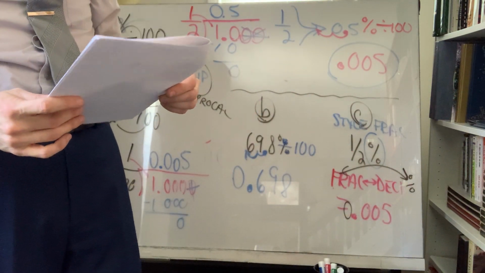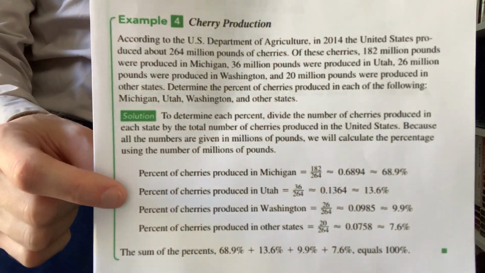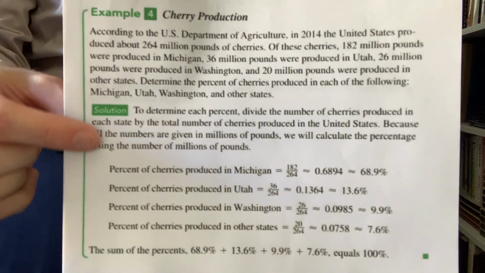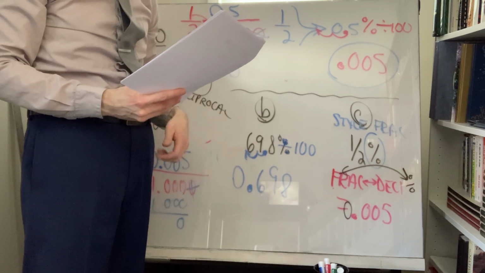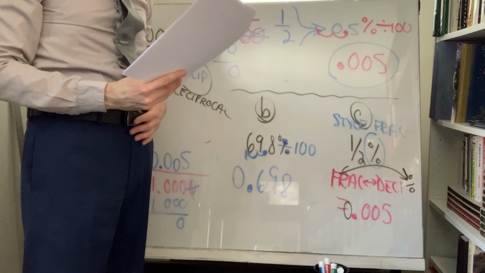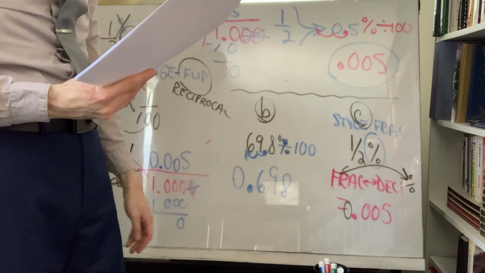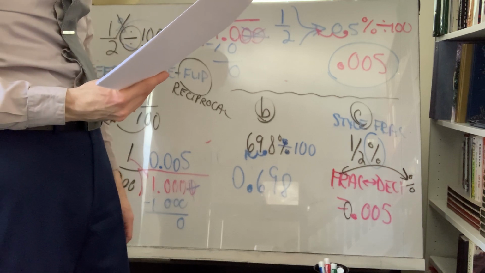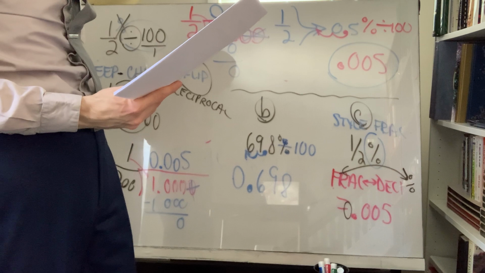Let's do this word problem. That's an example of translation here. I'm not going to do number 5. I just want to do number 4. It says, according to the U.S. Department of Agriculture, in 2014, the United States produced 264 million pounds of cherries. Of these, 182 million came from Michigan, 36 from Utah, 26 from Washington, and 20 million were from other states.